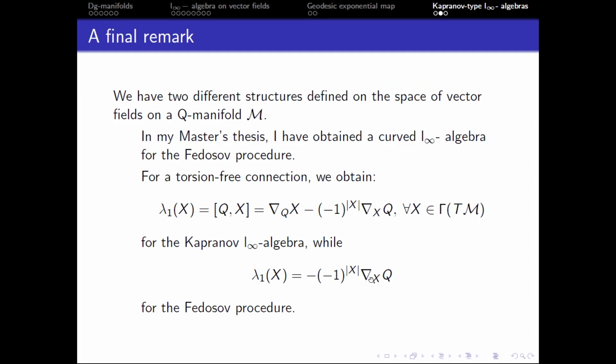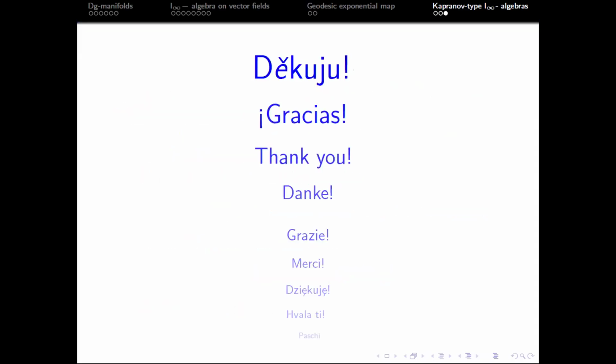So I only take the covariant derivative with respect to x of the homological vector field Q. But in the case of the Kapranov L-infinity algebra, which was given by these authors, they have the complete Lie derivative. So these are the main differences between these two structures. And I think this is what I was going to show you today.